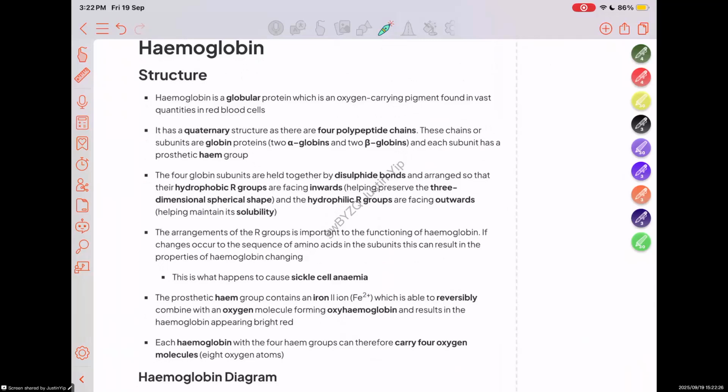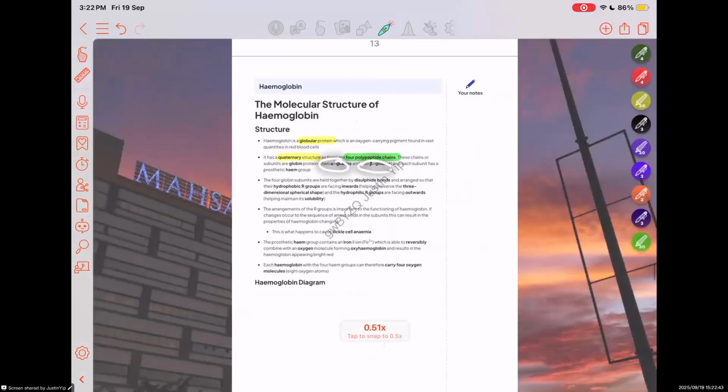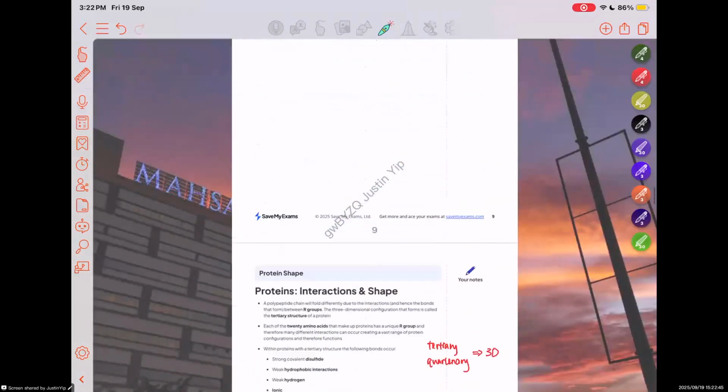This is our hemoglobin. Hemoglobin is a globular protein under quaternary structure because it has 4 polypeptide chains, 2 alpha and 2 beta, which is the one we encountered just now.